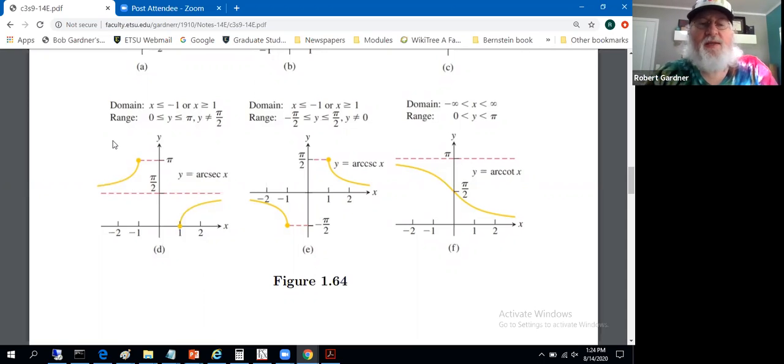What was commented about other books' choices for the range of the arcsecant would be, we include this piece and we include a piece over here. Maybe not this piece, maybe something down lower, or maybe something up higher. Maybe we can include the part that starts here and goes to 3 pi halves.